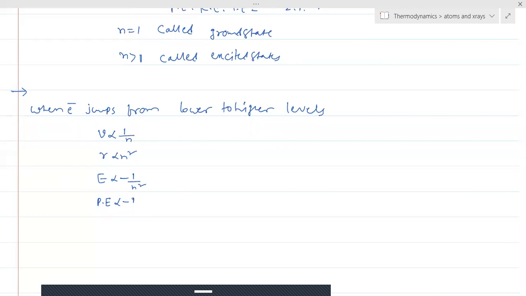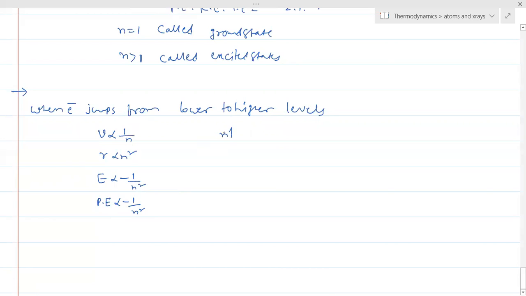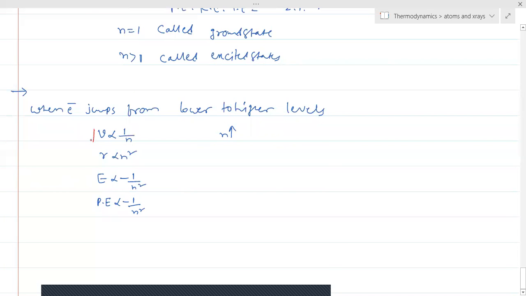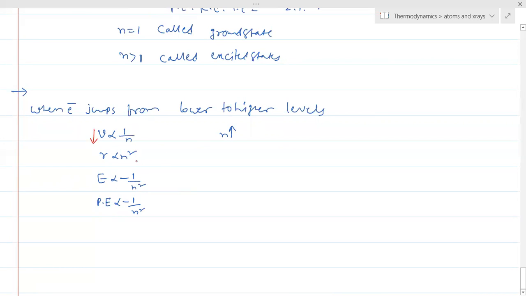So when the electron jumps from lower to higher levels, n increases. So n increases means automatically velocity decreases, and the radius of that circular path also increases.